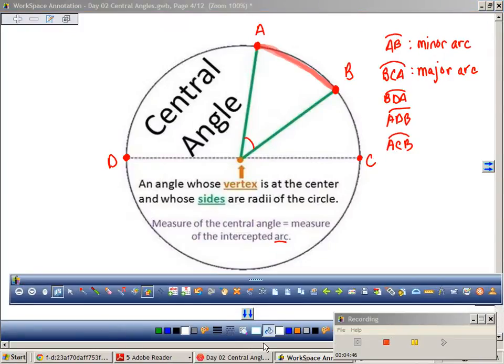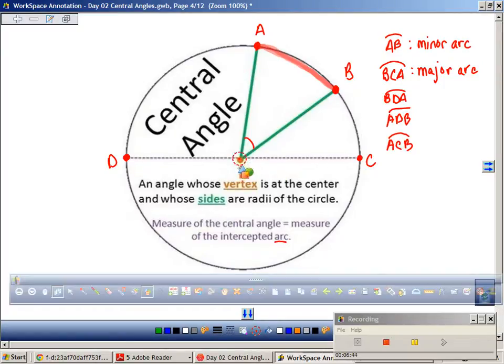Let's try and do a visual with that. Let's see, might as well use dash circle. So that angle is going to be the same here, and the same here, and the same here, and the same here, all the way out until I reach the outer part of my circle. That kind of makes sense why the central angle is the same measure as the intercepted arc.